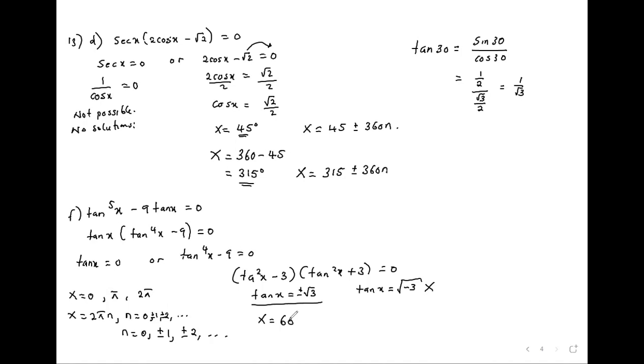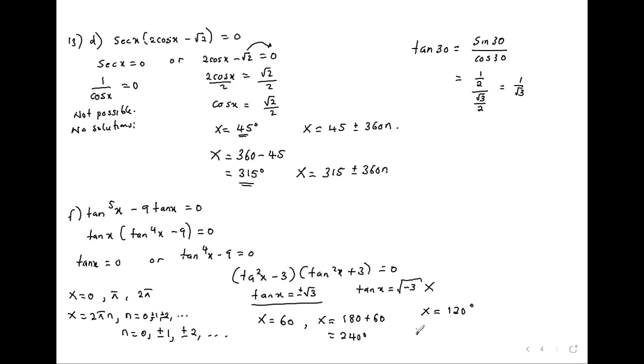Where tan is positive, that's the first quadrant and the third quadrant. The third quadrant is 180 plus 60, giving us 240. Then where tan is negative, in the second quadrant, 180 minus 60, 120.